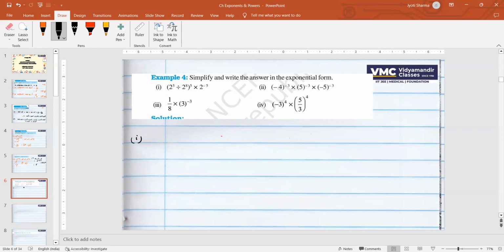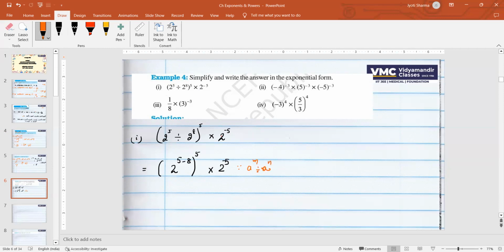Here the same laws will be used. For the very first question, in the bracket we have bases that are the same and they are getting divided.